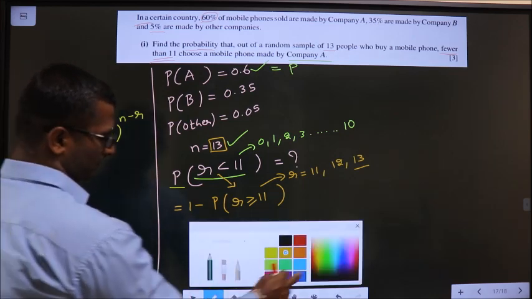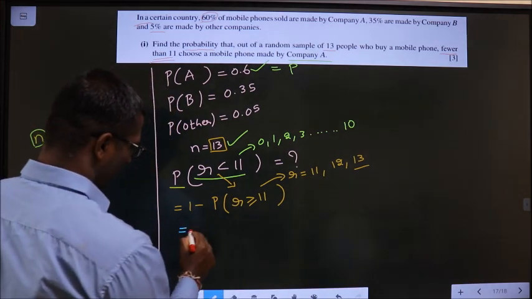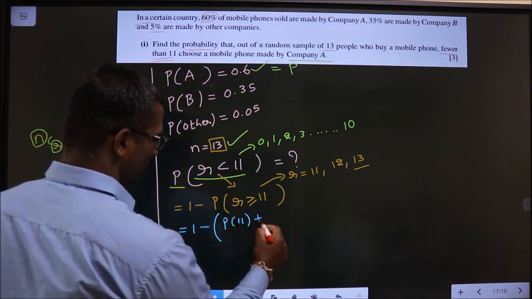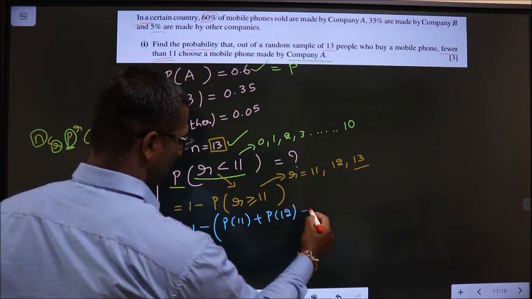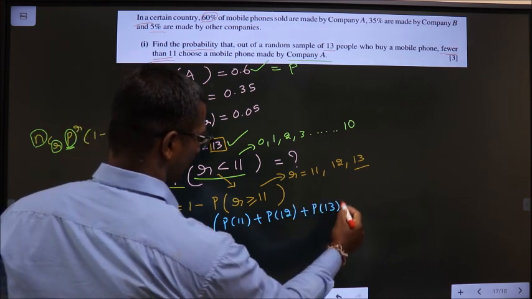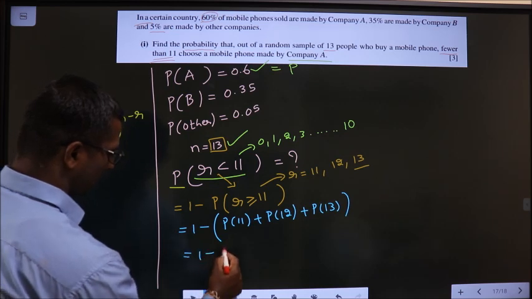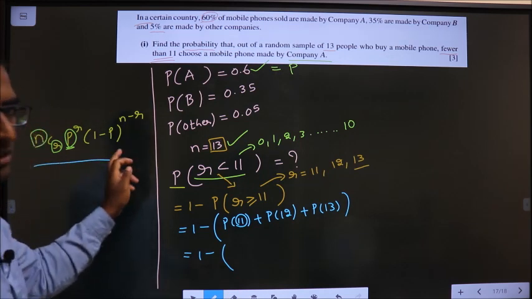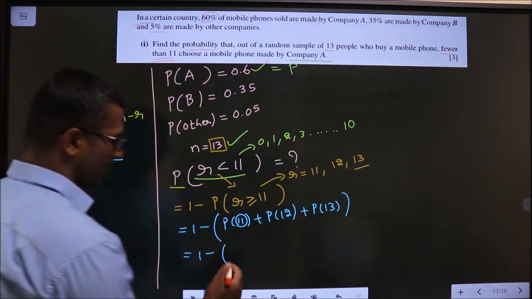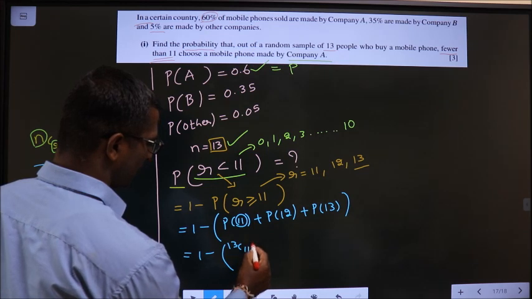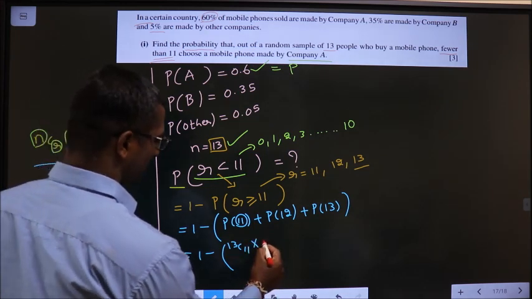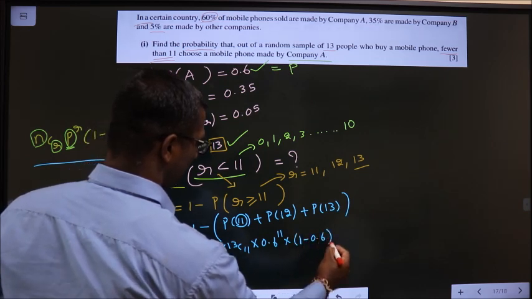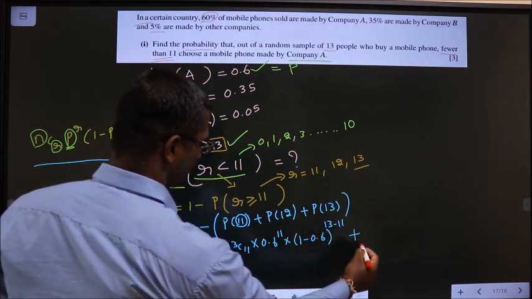Now, this will become P of 11 plus P of 12 plus P of 13. So that is equal to 1 minus. Now here r is 11. Replace it in this formula. What do we get? 13C11 into 0.6 power 11 into (1 minus 0.6) power (13 minus 11), plus.